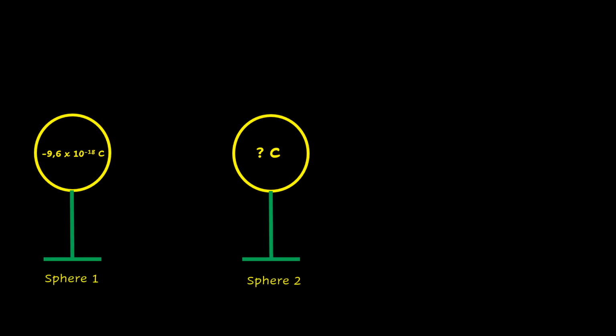So we have sphere 1 and sphere 2. Sphere 1 has a negative charge of 9.6 multiplied by 10 raised to the power of minus 18 coulombs. This means that it has an excess of electrons. Sphere 2 has an excess of 60 protons, meaning it has a deficiency of electrons.